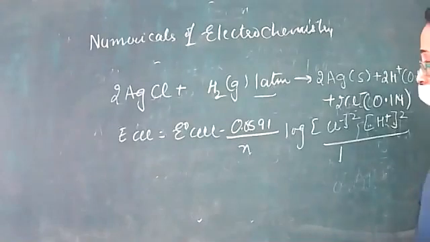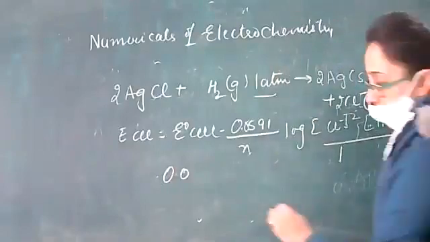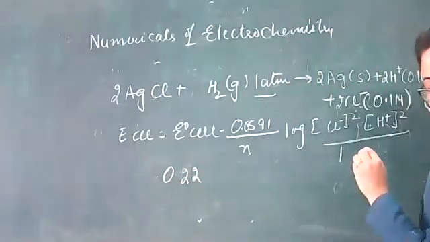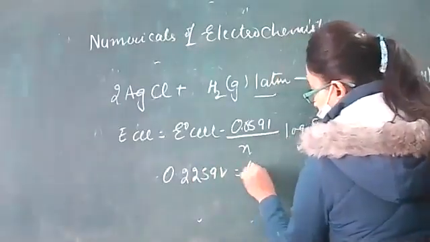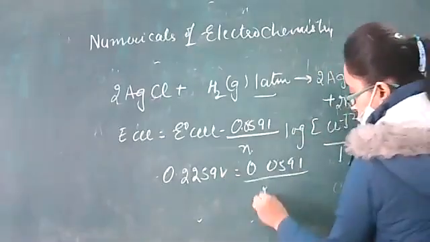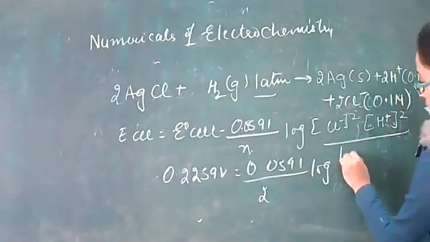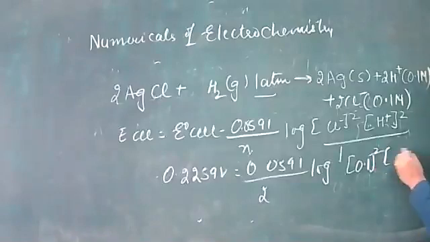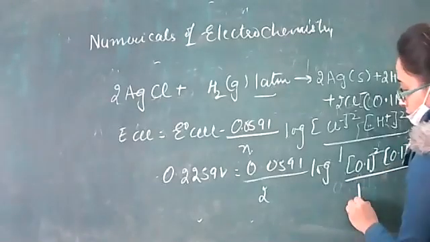Let me put the value of E naught here: 0.2259 volt minus 0.0591 upon n, the value of n is 2, log. What is the concentration of Cl negative? 0.1 squared. What is the concentration of H positive? This is this divided by 1.